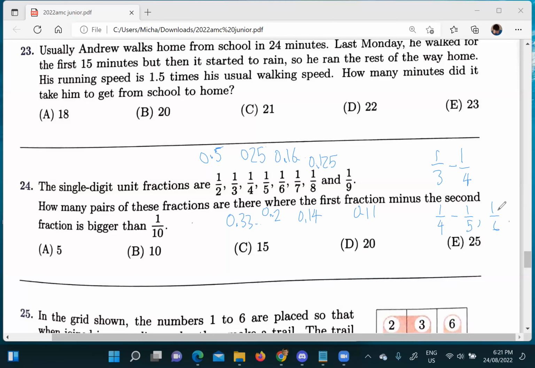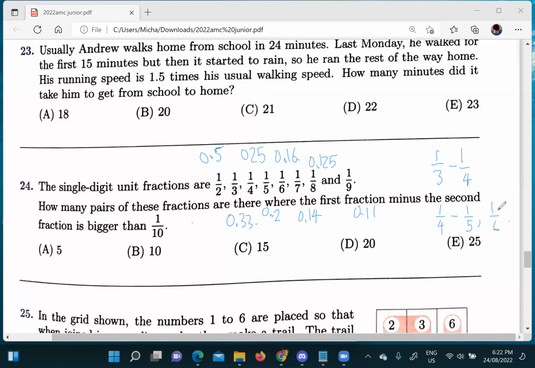Okay, what about a fifth, yeah? A fifth minus a sixth will not work, yeah? 0.2 minus 0.16, minus 0.14 is not going to work. Minus 0.125 is not going to work. Minus 0.11, so with a fifth, nothing works, right? So if with a fifth nothing works, then obviously with a sixth nothing's going to work, because a sixth is smaller than a fifth, right?